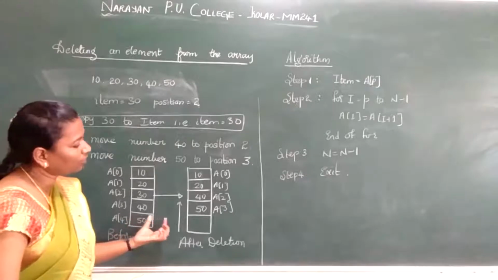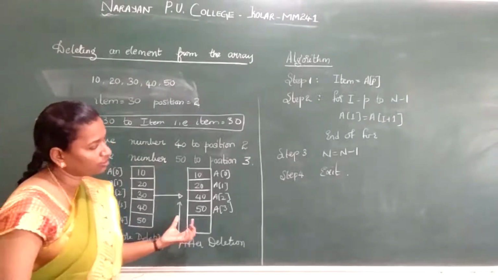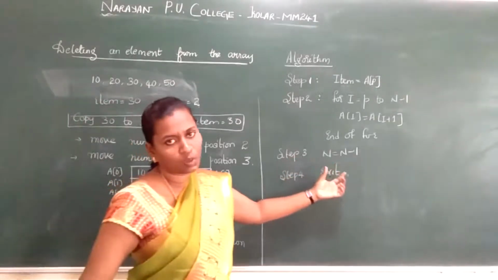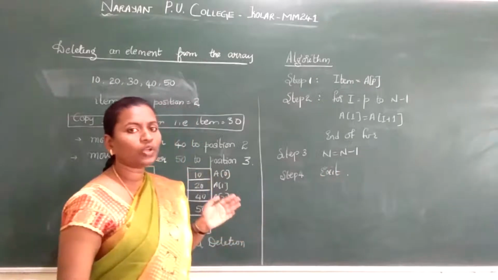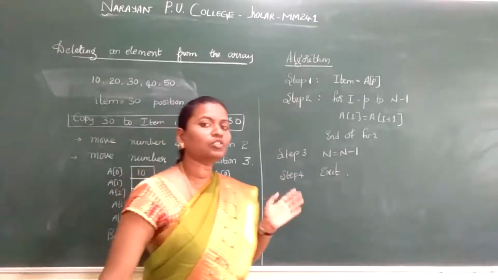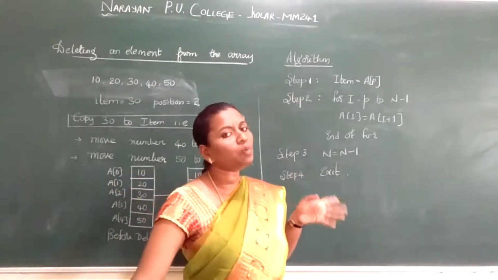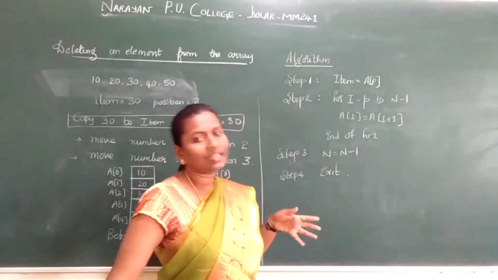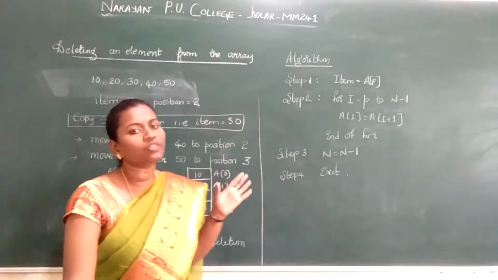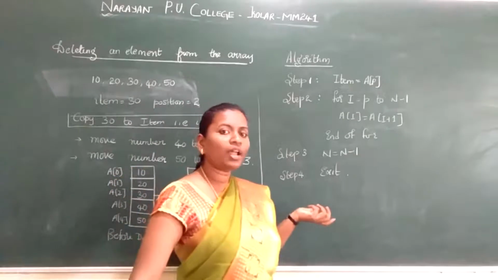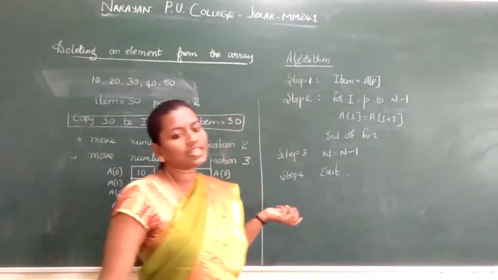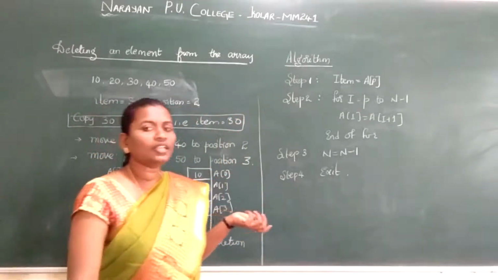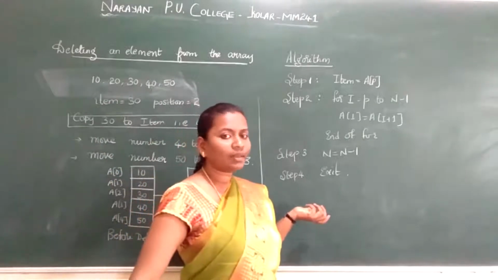As a result, n becomes n minus 1. In insertion, the array size increased by 1, that is n plus 1. Here, deleting an element reduces the number of elements by 1, so it is n minus 1.